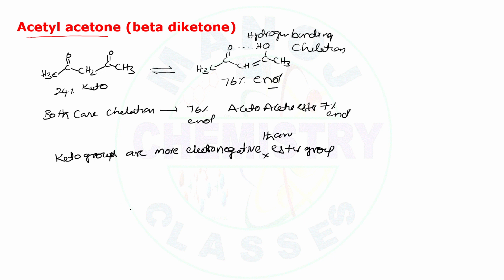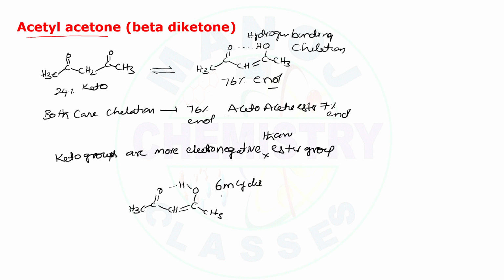Here you may have one doubt. For example, CH3 C double bond O, CH double bond C O H. If I write it like this, there is a possibility of a 6-membered cyclic ring.